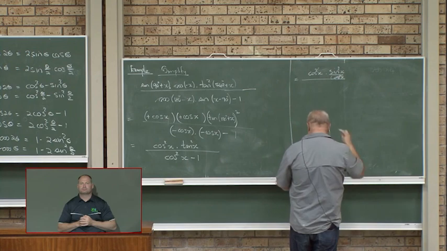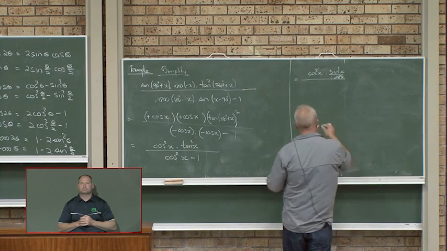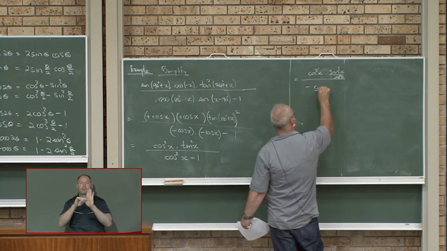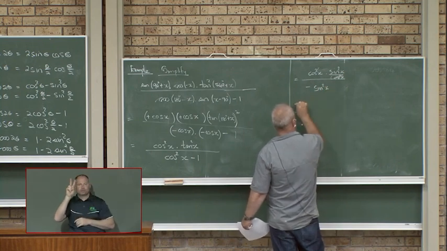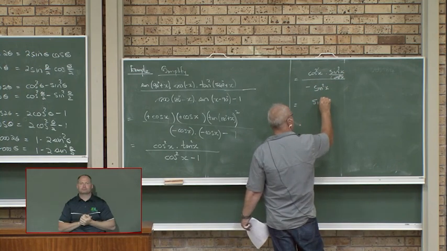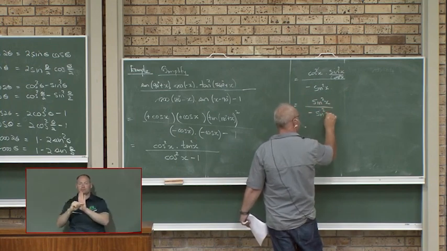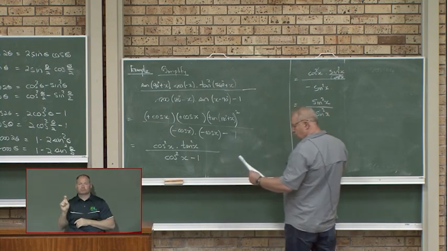And cos squared x minus 1 is equal to negative sine squared x. So it becomes sine squared x over negative sine squared x, which is equal to -1.